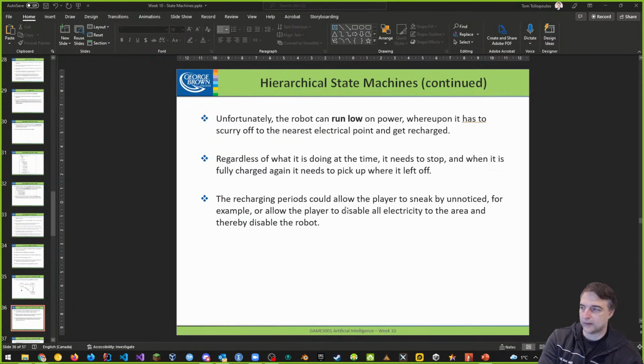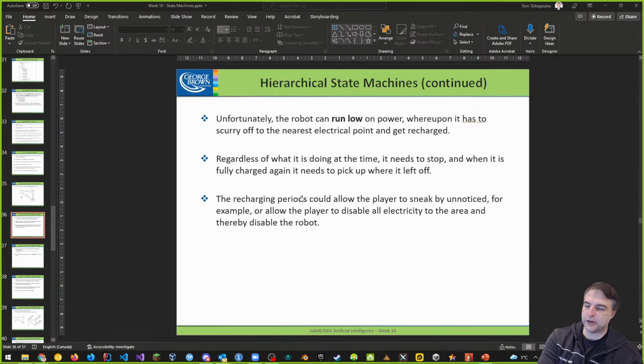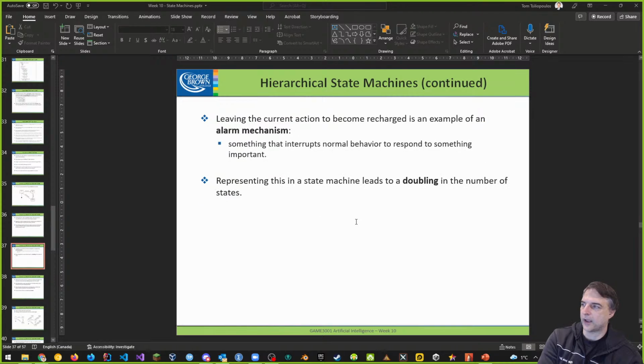Recharging periods could allow the player to sneak by unnoticed, or allow the player to disable all electricity in the area and thereby disable the robot. Leaving the current action to become recharged is an example of an alarm mechanism like we talked about before.